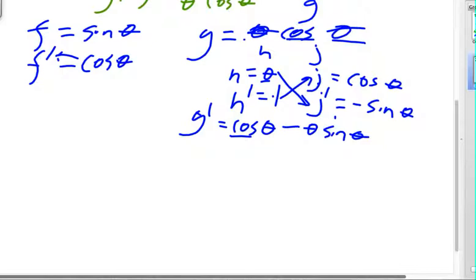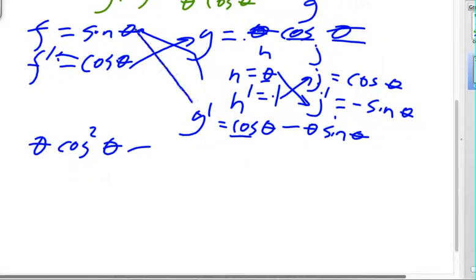So quotient rule, I need to do F prime times G. So F prime times G will end up as theta cosine squared of theta, cosine times cosine, minus. Okay, and then I want to do F times G prime down here.